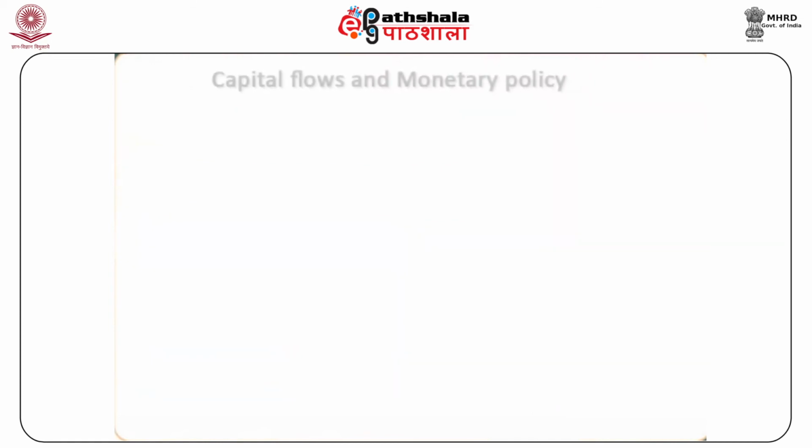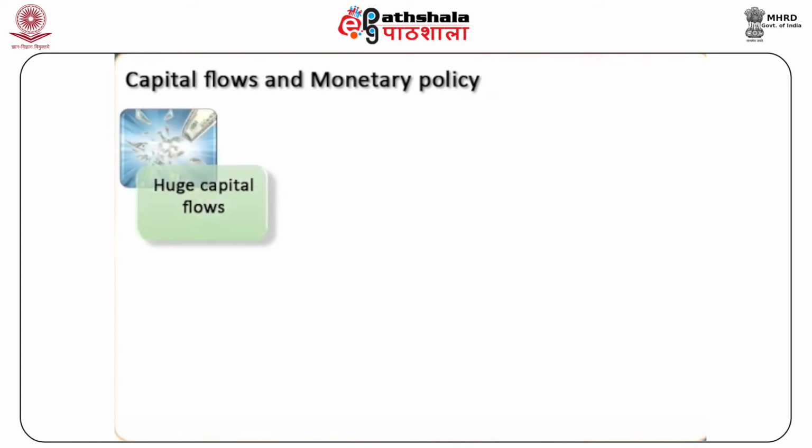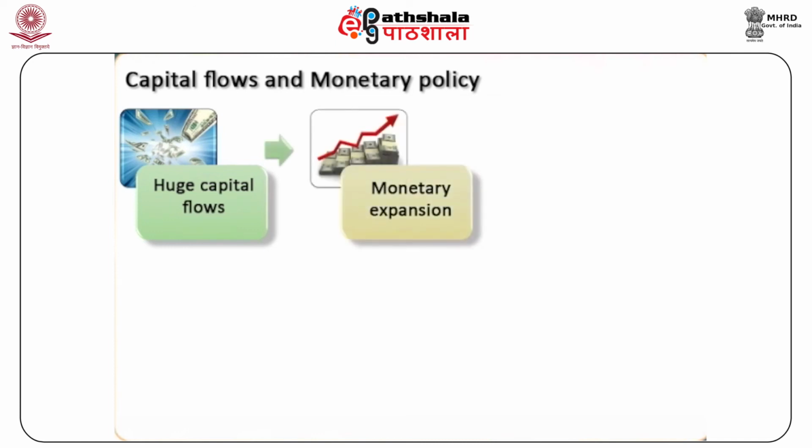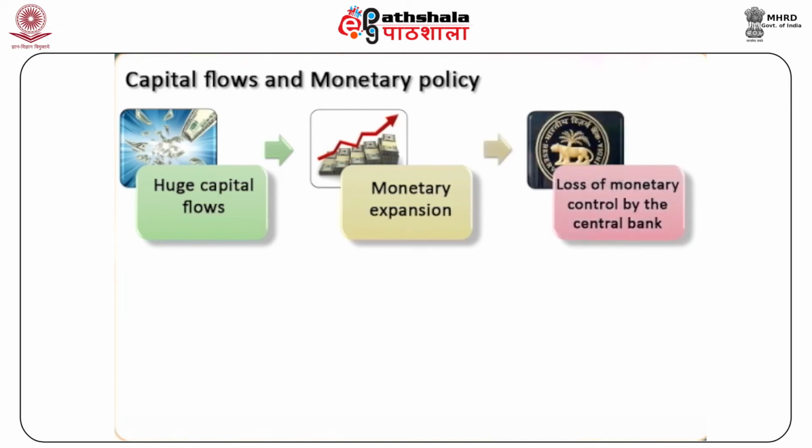Understand how the RBI managed excessive capital flow without increasing the money supply too much or letting the exchange rate fluctuate widely, thereby increasing uncertainty in the economy. India faced huge capital flows after 1991-92, which under a managed floating exchange rate led to monetary expansion. As a result, reserve money and money supply increase, which leads to the loss of monetary control by the central bank.